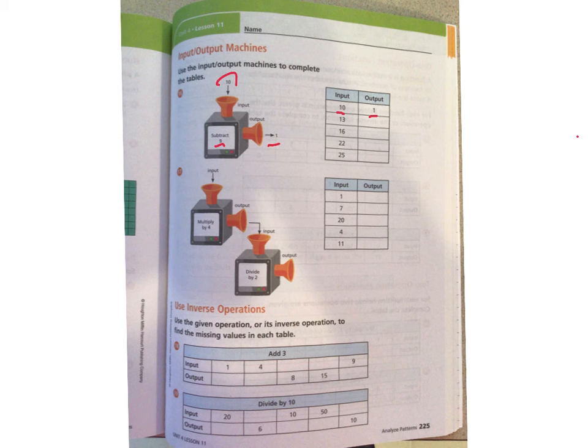So now we're going to pretend that we're putting 13 in the machine. Up here, put 13 in, and then put it in the machine, subtract 9. What did you get? Can you write it right here before me? 13 minus 9 is 4. So maybe you don't want to write the number up on the machine every time.